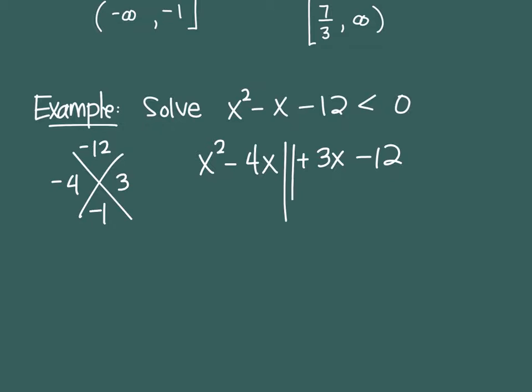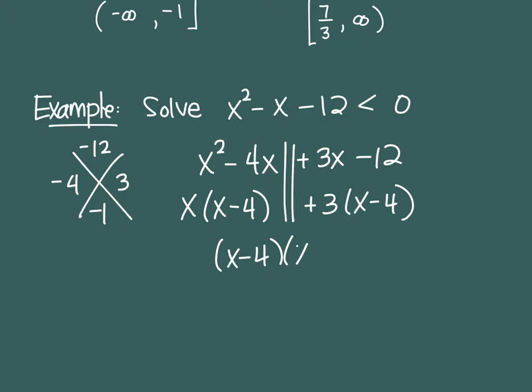You'll double split that so that you can factor out each side, and you'll take out an x from the right side, leaving you with x minus 4, and you'll take a 3 out of the left side, also leaving you with x minus 4. So altogether, x minus 4 and x plus 3, and you set those both equal to 0 because they're factors, and factors always get finished.